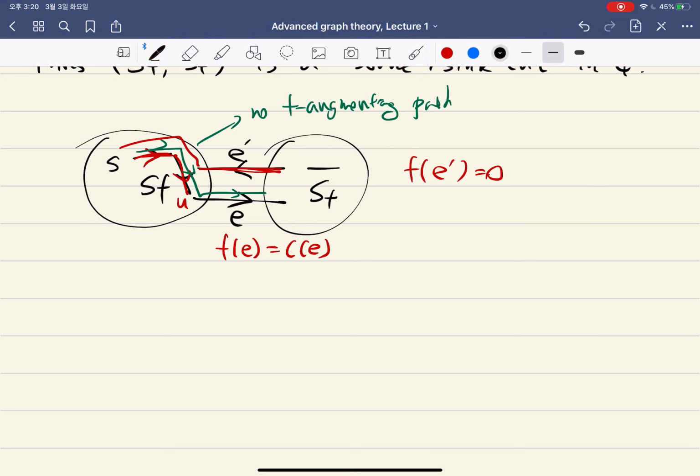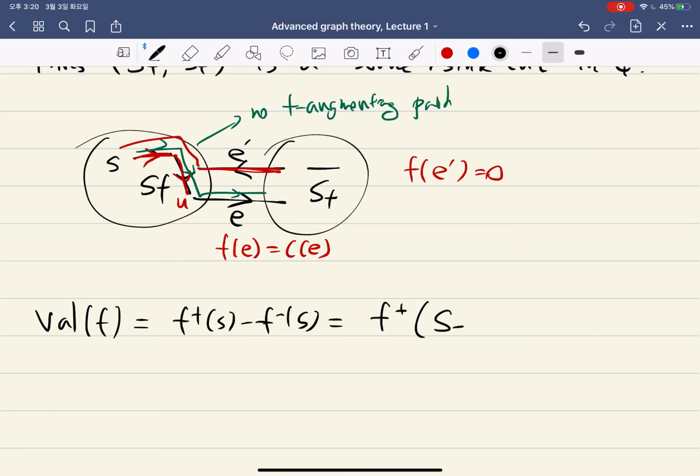So what do we have? The value of F is simply the same as F out of S minus F into S, which is F plus of S_F minus F minus of S_F.